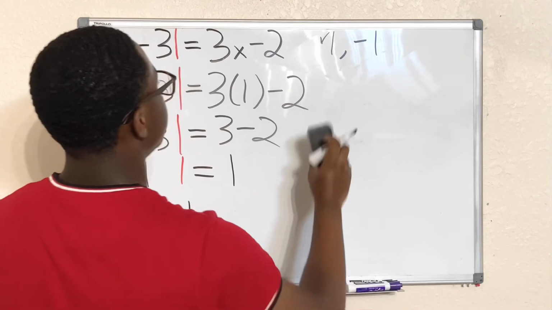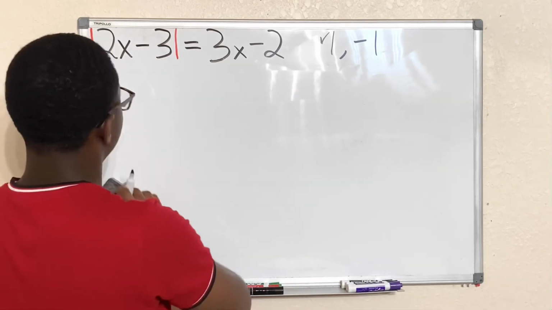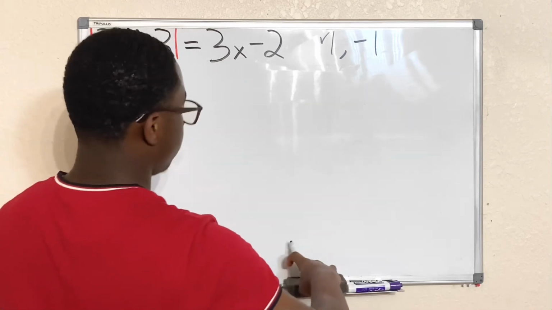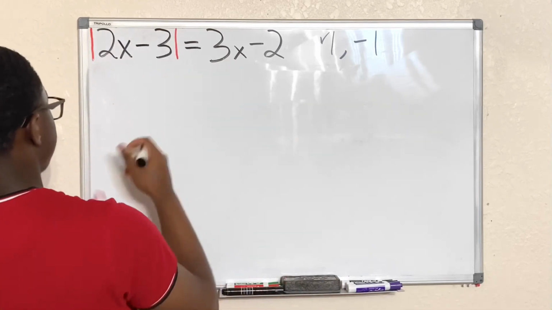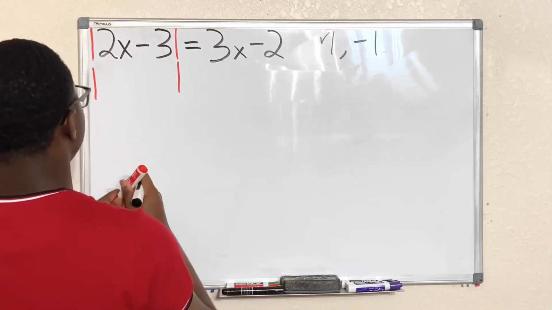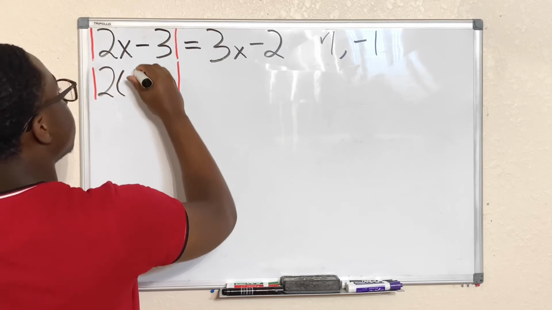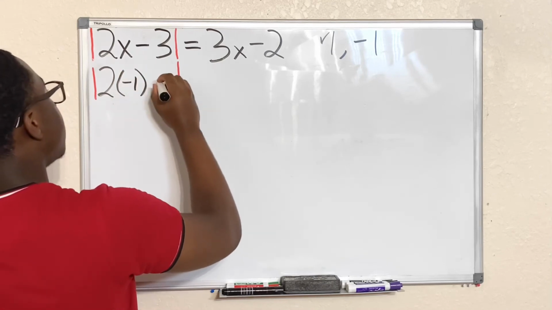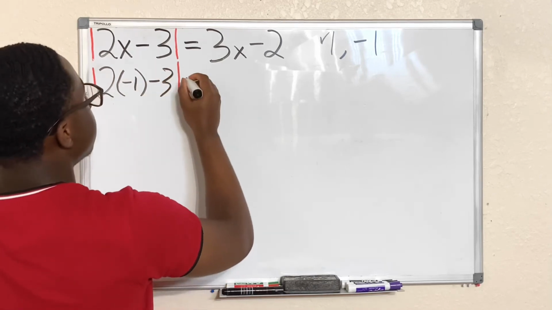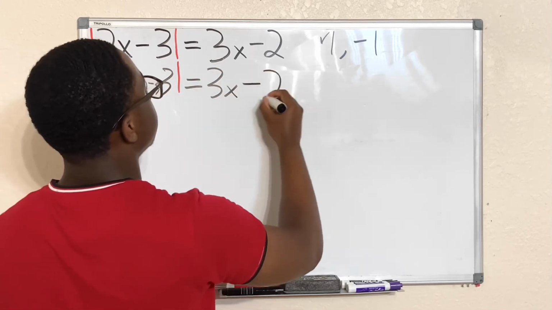Now let's go ahead and try negative 1. Let's start with our absolute value bars. Now we're going to have our 2x, but not times x, but rather times negative 1, minus 3, is equal to 3x minus 2.